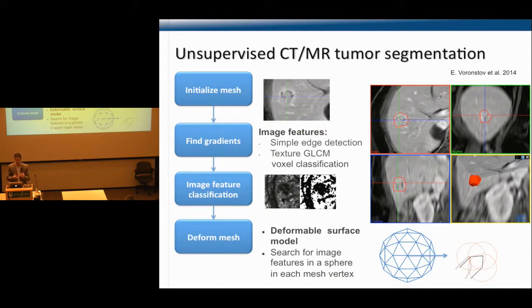This gives an initial segmentation map, and then we adapt a non-omnidirectional deformable model to find the best boundaries for that tumor. That gives some initial results for an MR scan. It's ongoing work, but we're really looking into more machine learning techniques to learn the best way to discriminate normal from pathological tissue.